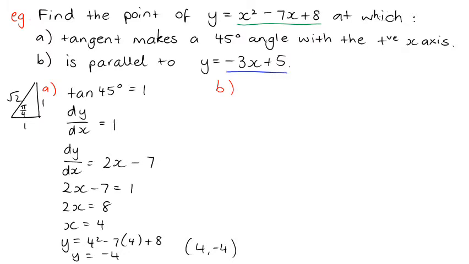What's the gradient of that linear line? y equals mx plus c. Gradient is m. So we want our dy dx to equal negative 3. You've already done dy dx. It was 2x minus 7. And we want that to equal the other gradient.